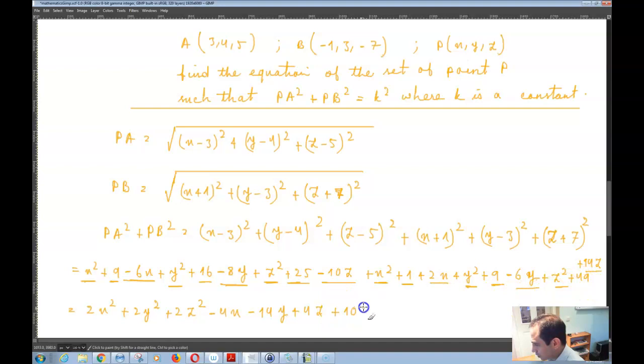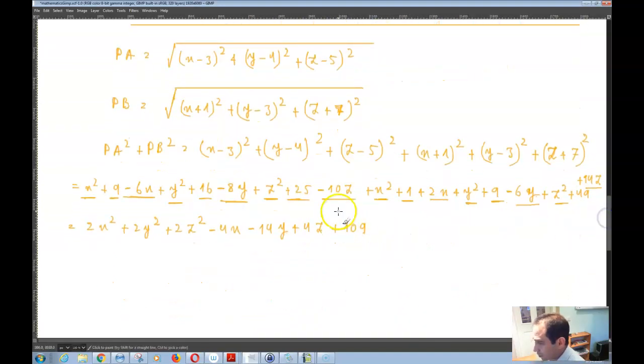So PA squared plus PB squared is equal to this expression over here.